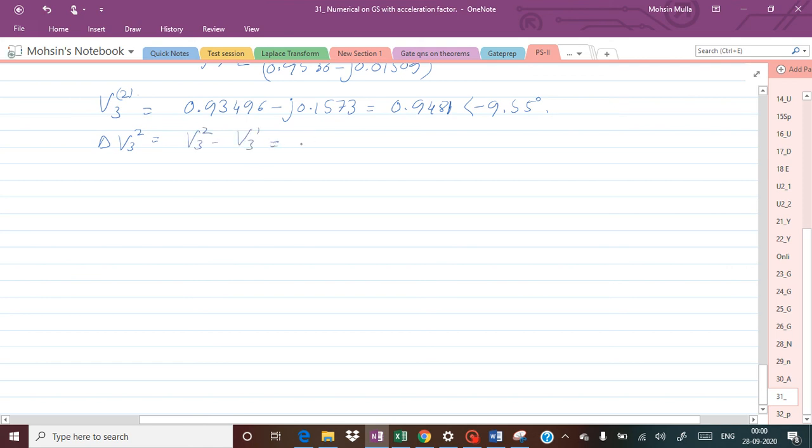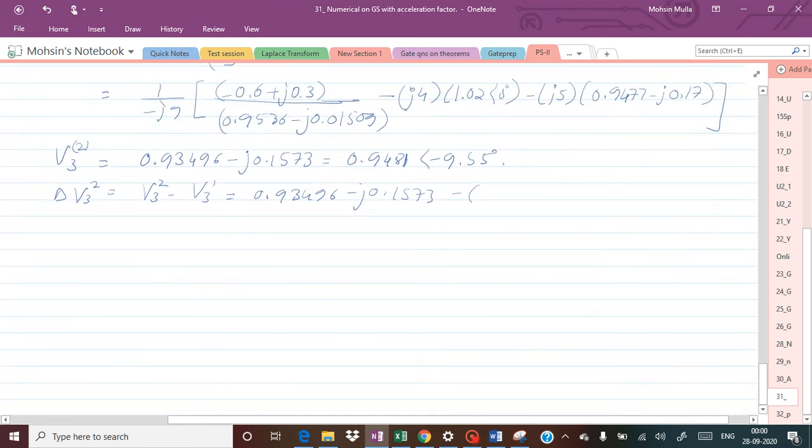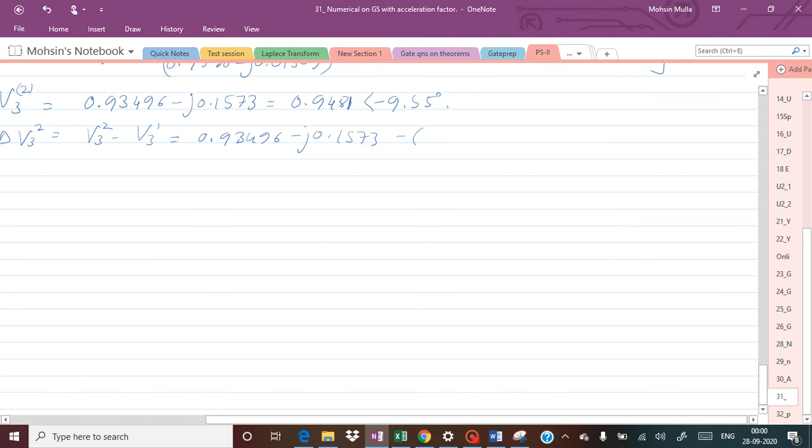V32 is the same value we have written above, and V31 is what we obtained in the previous iteration, which was 0.9536 minus j0.1509. Now this will be equal to minus 0.01864 minus j0.0064.